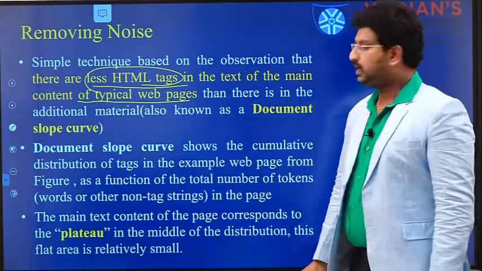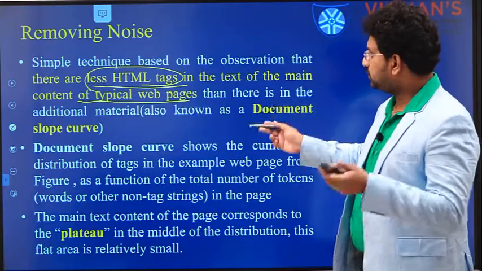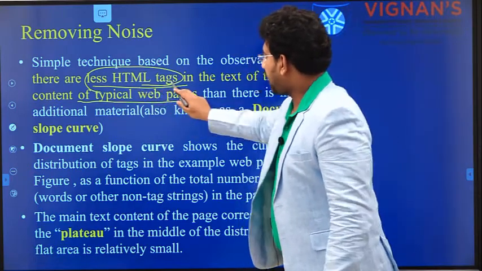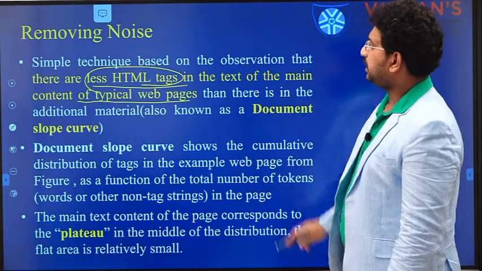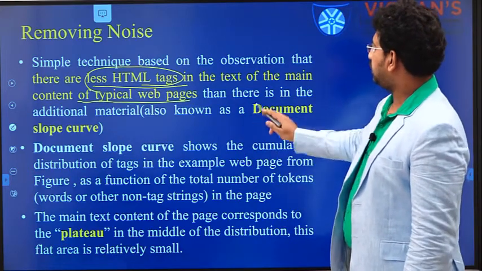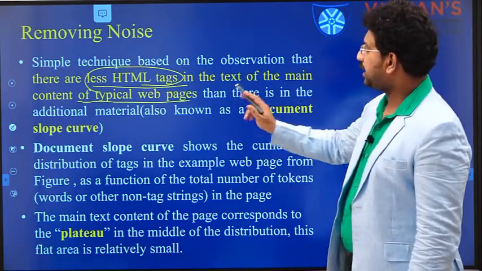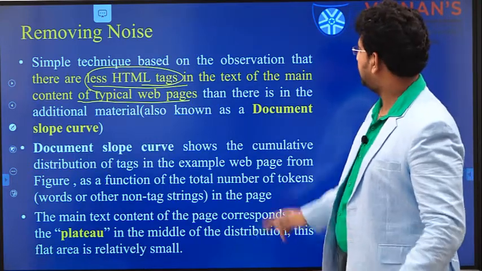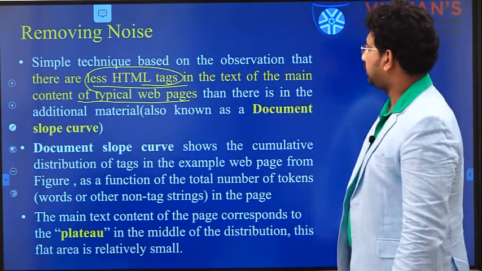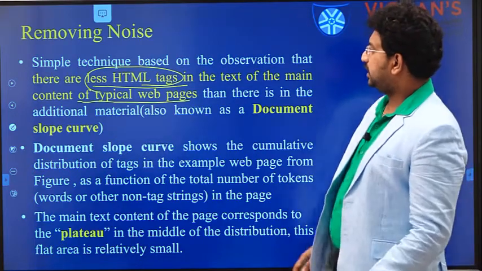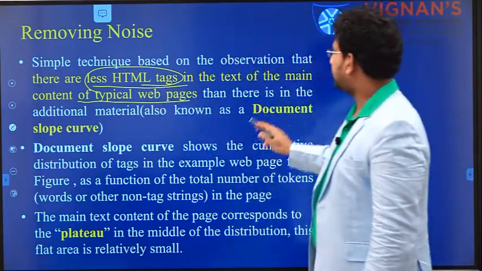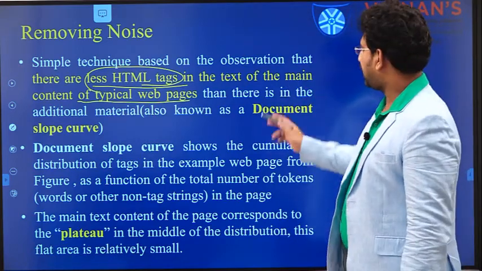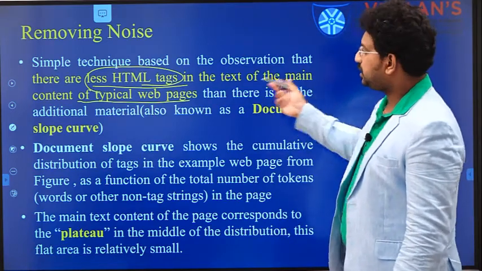Once again, some techniques are developed on the observation that there are fewer HTML tags in the text of the main content of a typical web page than there are in the additional material.